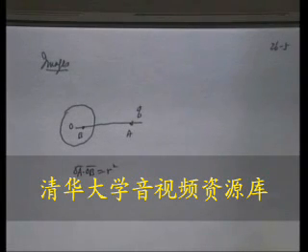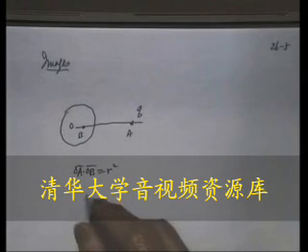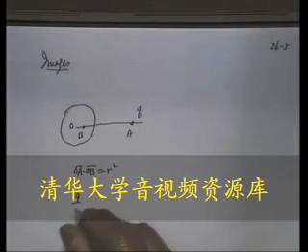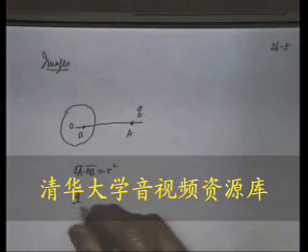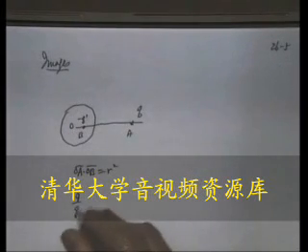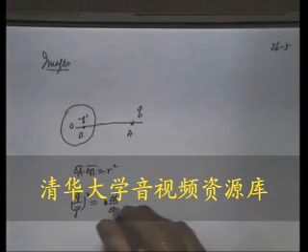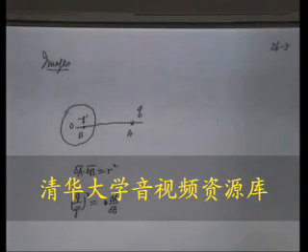And the next statement is that the ratio of the two, Q over minus Q prime, Q over Q prime squared, is equal to OA divided by OB.